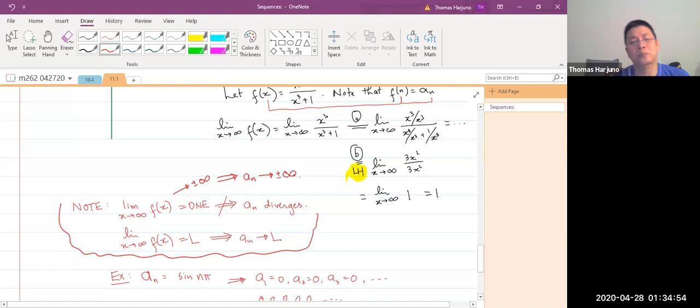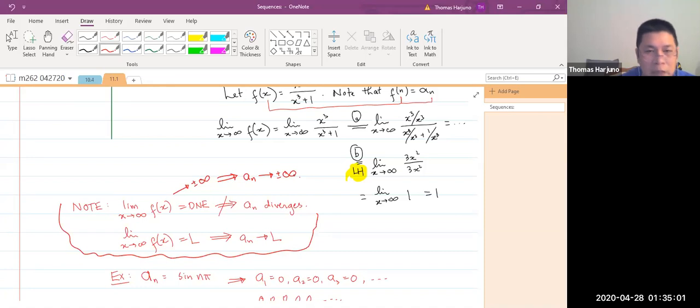But if we find the limit does not exist, it doesn't mean the sequence diverges. No, we need to use another method.